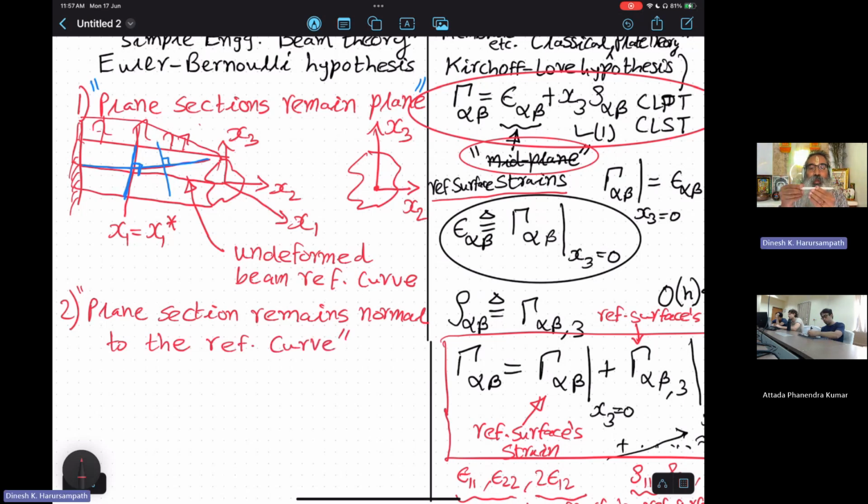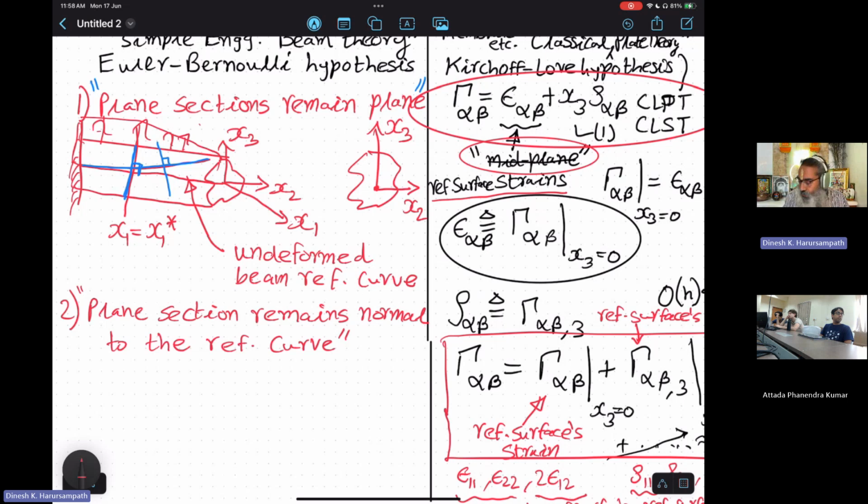We know that the way the cross section was chosen is that it is perpendicular to the beam reference curve. Now we are saying that first of all it remains plane, but it also rotates in such a way that both of them rotate by the same amount, which means that the orthogonality between the cross section and the reference curve remains, whether it is undeformed or deformed, irrespective of the load, as long as you're within a certain limit in terms of all the other assumptions that we have already made.